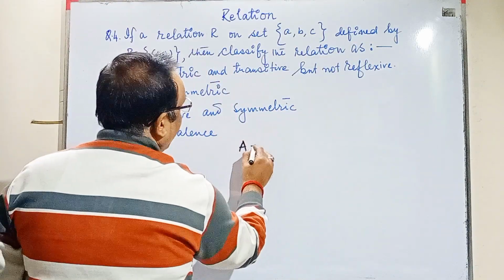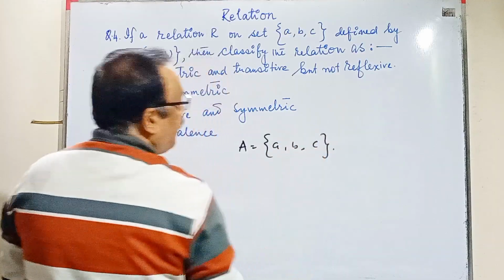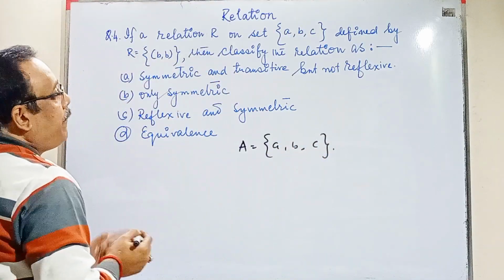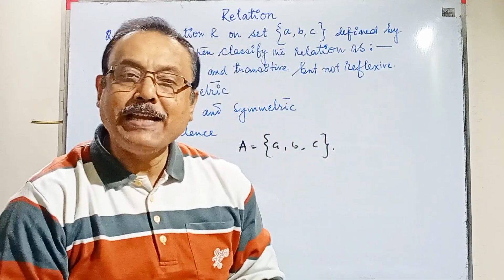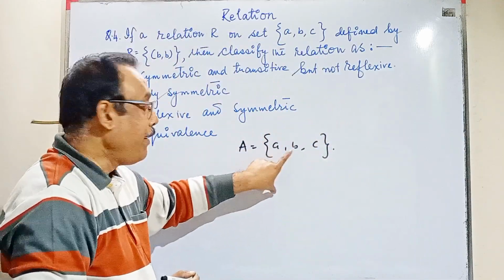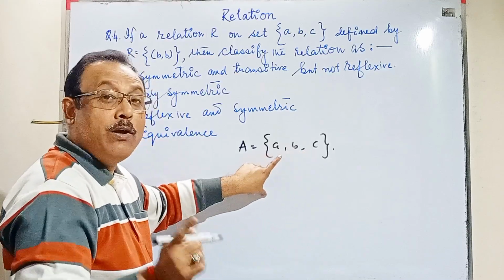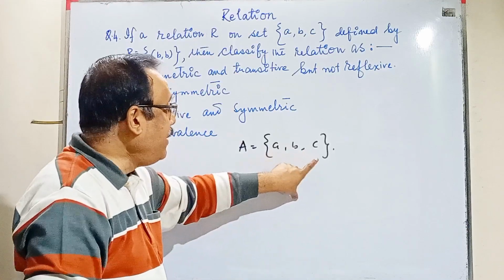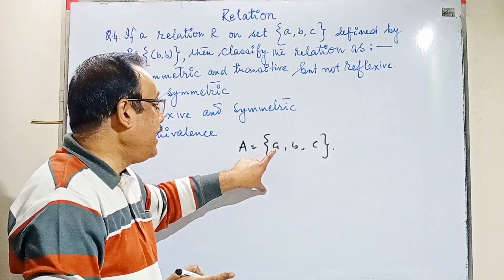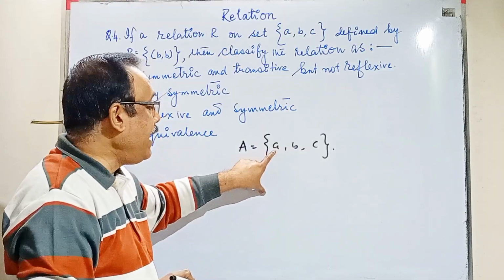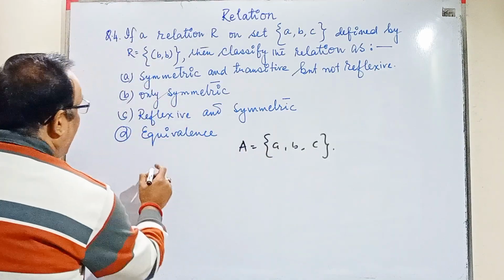If I say A is the set, then it has 3 elements a, b, c. Now if this relation has to be reflexive, then the relation must have (a, a), (b, b), (c, c). That is what we said: for reflexive, for all the elements, the identity ordered pair must be there. So this is my R given.